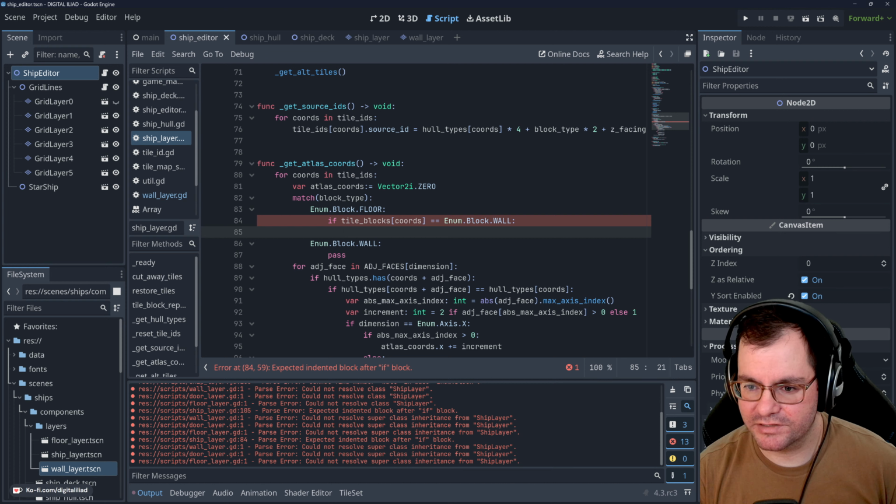Okay, so there's a bit of a conflict here with adjacent faces. Adjacent faces wants to check the block above us, or below us. But we actually want to do one of these.